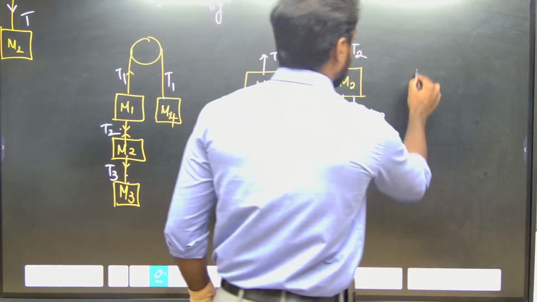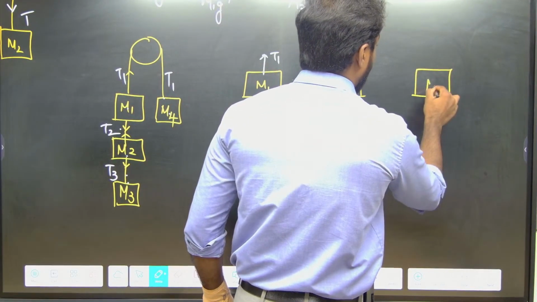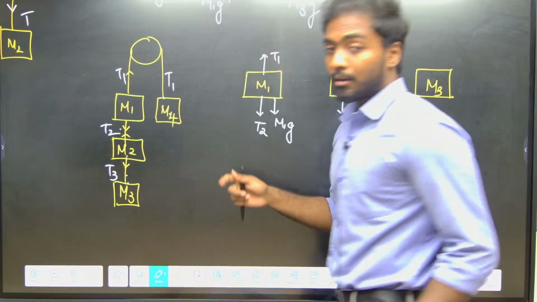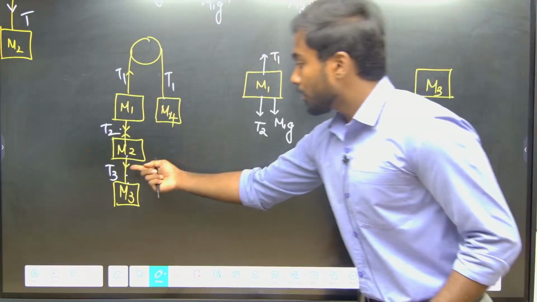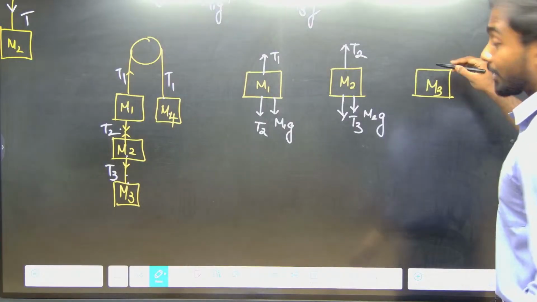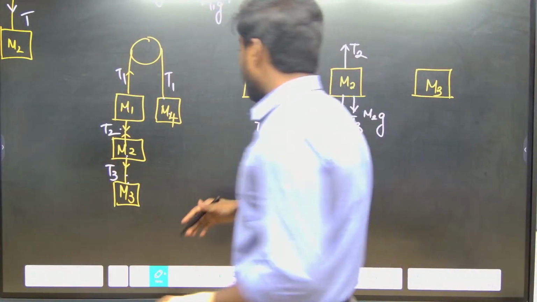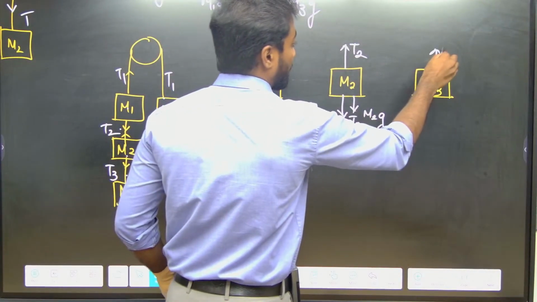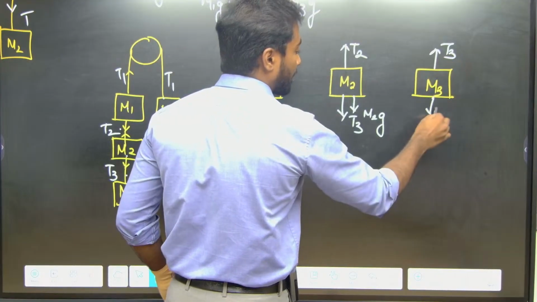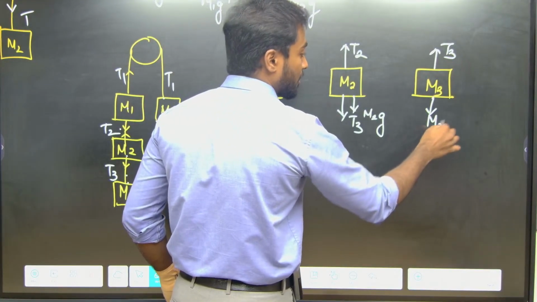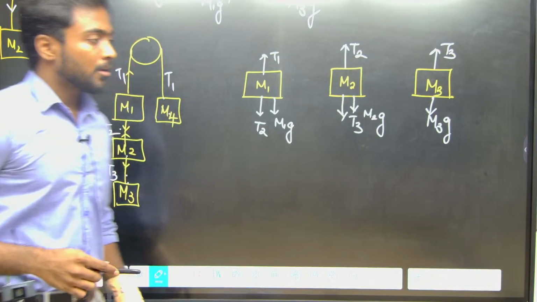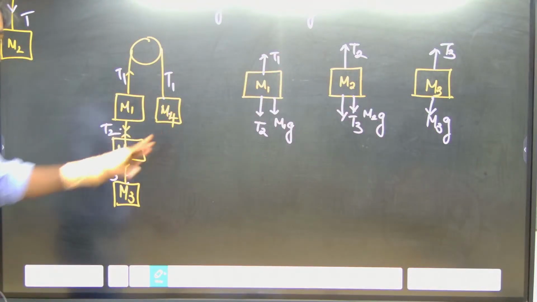Next one is M3. How many forces? One is tension and one more is weight. So tension is acting away from the body, that is T3, and this is M3G. Got it? The final one is M4.